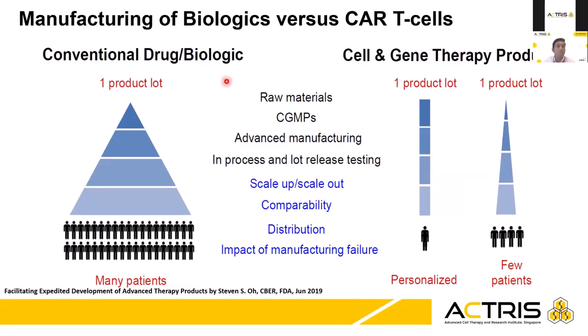On the left-hand side, you see a conventional drug and biologic that is manufactured in a centralized facility, mostly dominated by the pharmaceutical industry, where one product lot gives rise to many doses for many patients, right? Whereas for cell, tissue, and gene therapy products, especially in the autologous therapy space, there is much room for decentralized manufacturing.